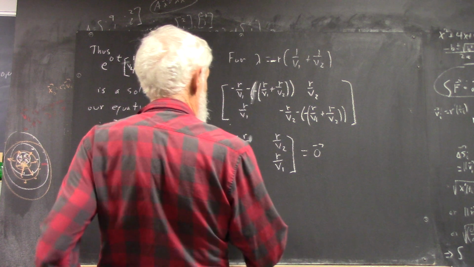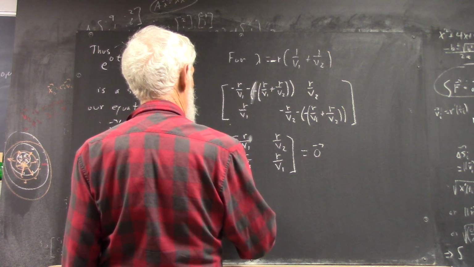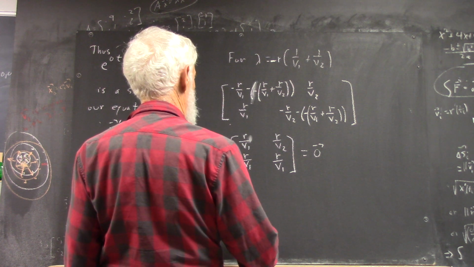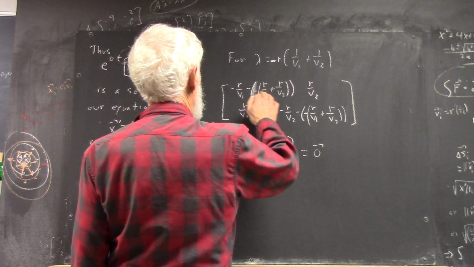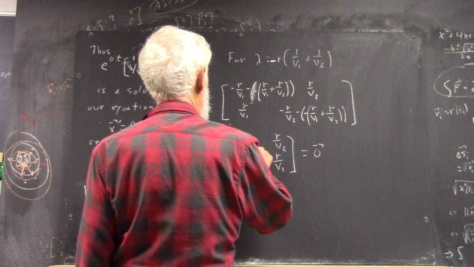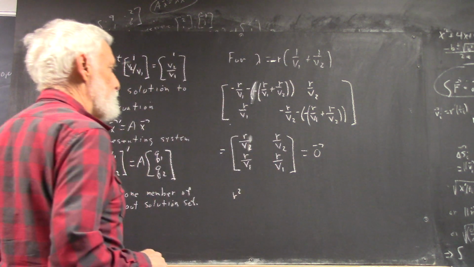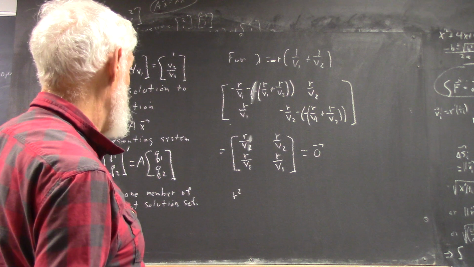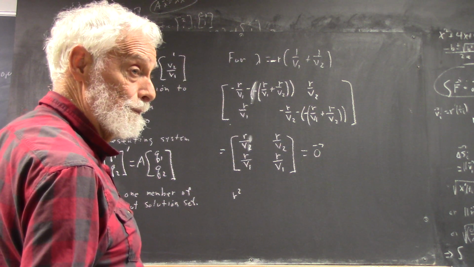And this just becomes then r squared over v2, and of course, that's going to be inconvenient, because that's going to give you 0.